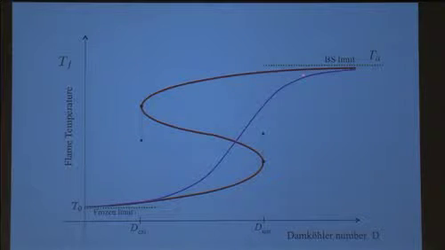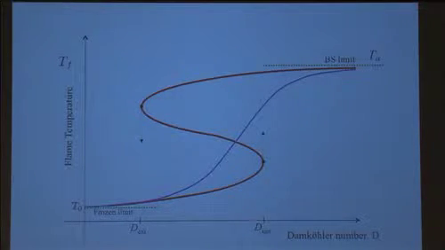The more you decrease the Damköhler number, the larger the leakage and the larger the deviation of the flame temperature from the adiabatic value, up to a certain point where there is no solution which is a strong burning, and the solution has to drop to one which is very near the frozen limit. That corresponds to extinction.